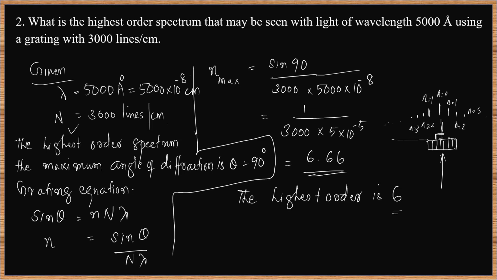While doing the experiment, you can see the number of orders on either side of the central maximum. It says it can go up to 6. The maximum number is 6 for this particular grating and for that particular wavelength of light. Okay, then we move to the next problem.